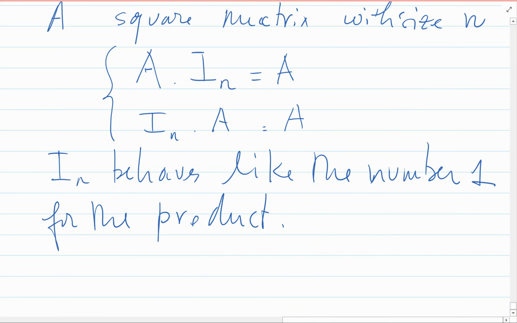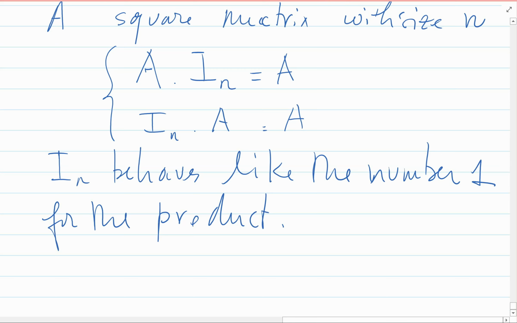Of course, we don't have just one identity matrix; depending on the size, we have different matrices.